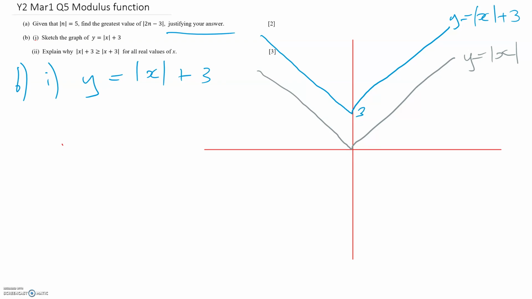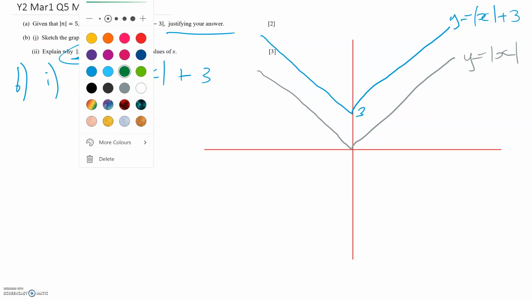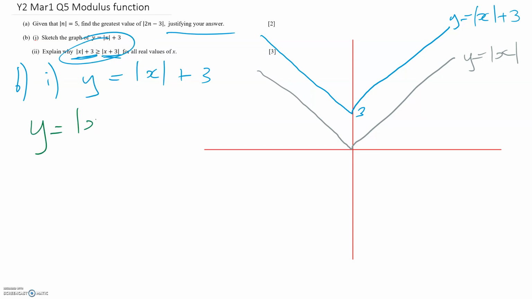If we were to sketch the graph of y equals modulus of x plus 3, we've already sketched the graph of modulus of x. If we do that in a different color, let's do it this color, y equals modulus of x plus 3.